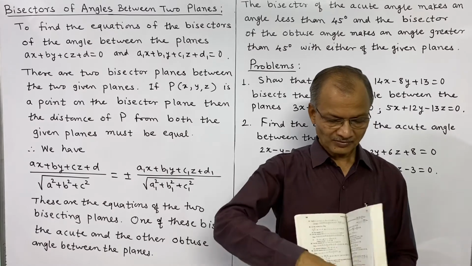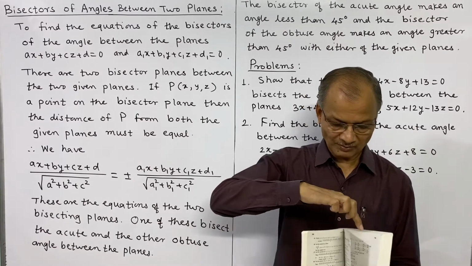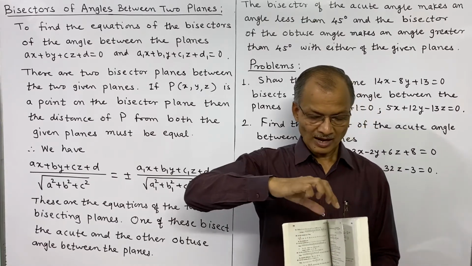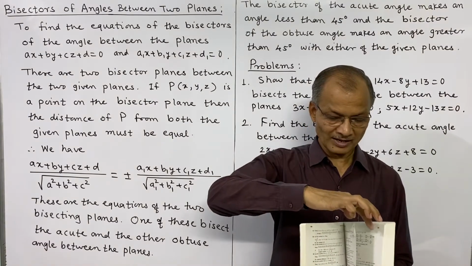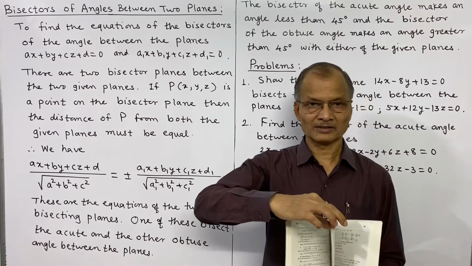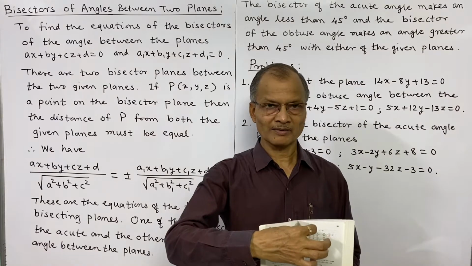The condition is that it makes equal angle with both the planes. So the angle between the first plane and the bisecting plane must be equal to the angle between the second plane and the bisecting plane. So if it makes equal angle with both the planes, then that is the bisecting plane.